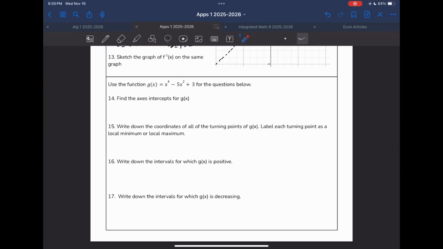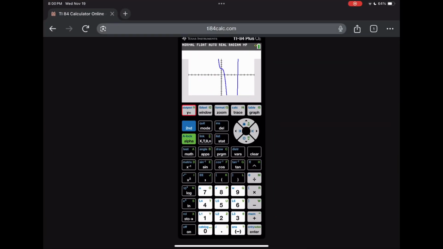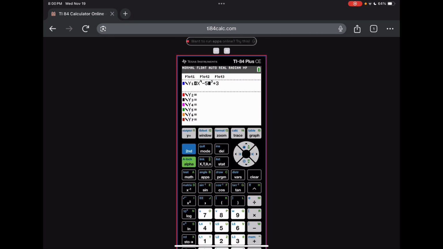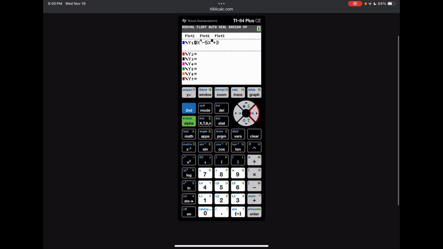Hold on. No, it should be a squared. I typed a cubed. I said the right thing, typed in the wrong thing. There we go. Now we're on the right track.